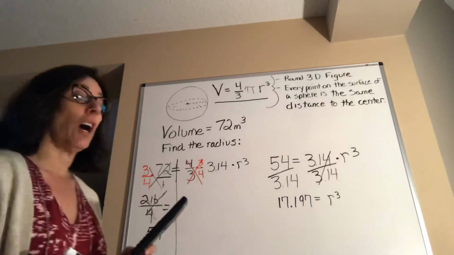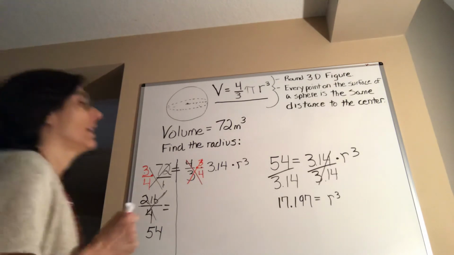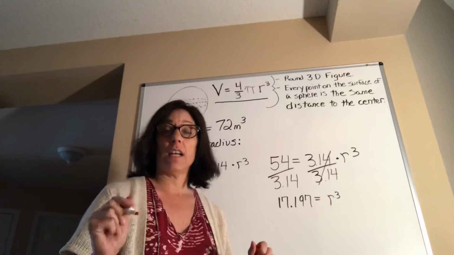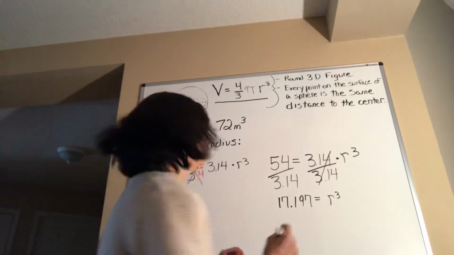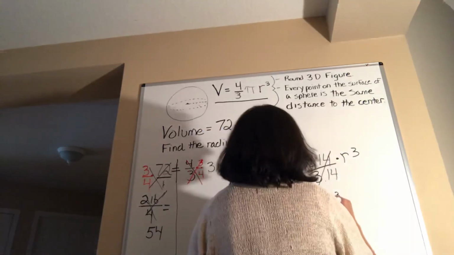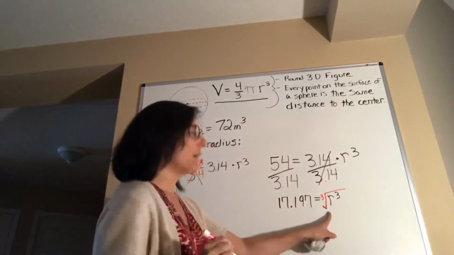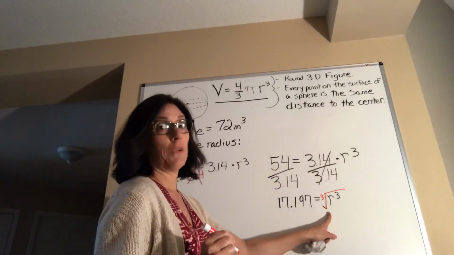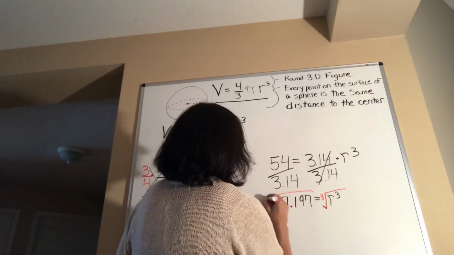Now we need to solve for r. Guys, instead of taking the square root, we're going to take the cube root. So we're going to take the cube root on this side. Same thing as the square root, but it's with a 3. And we're going to take the cube root on this side.